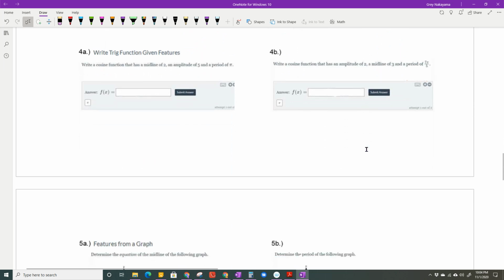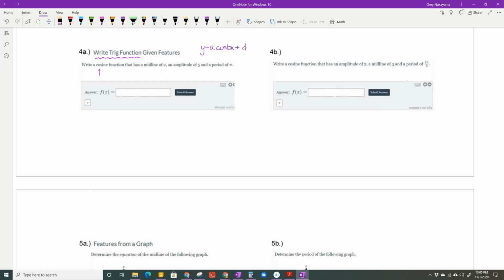All right, number 4, write trig functions given certain features. Okay, so the first one that we have says write a cosine function. So if I'm going to write a cosine function, it's going to look something like this. Y equals A times the cosine of bx plus d, because they're not putting any phase shifts in here for you. How nice.